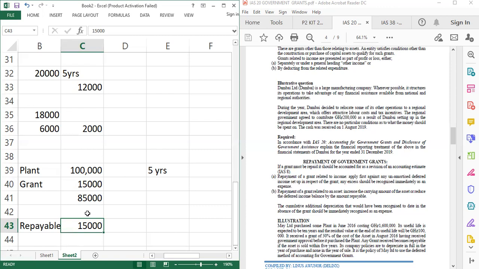After you consider the grants, the depreciation for each year will be 17,000. And you have used how many years already? 2 years already. So the total depreciation will be 34,000. Am I okay? All right.